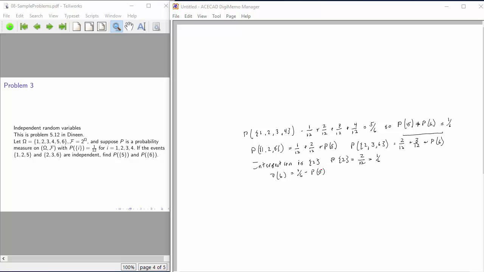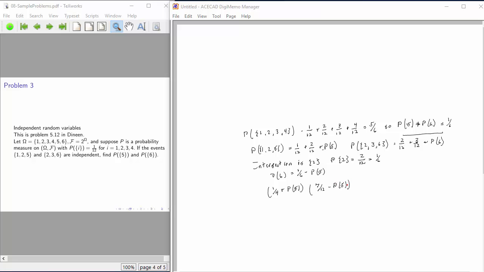So, the probability of this first event, 1/4 plus P of 5, times the probability of this second event, which is 2/12 plus 3/12 plus 2/12 minus P of 5, or 7/12 minus P of 5.